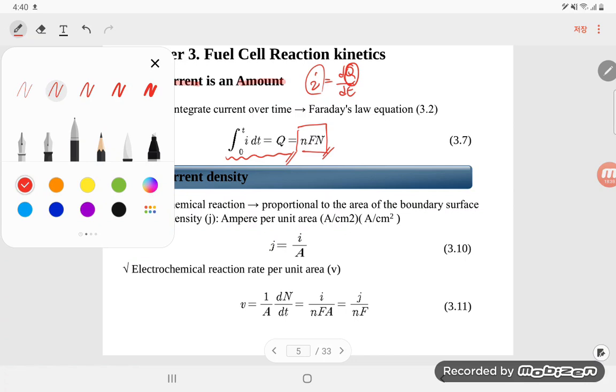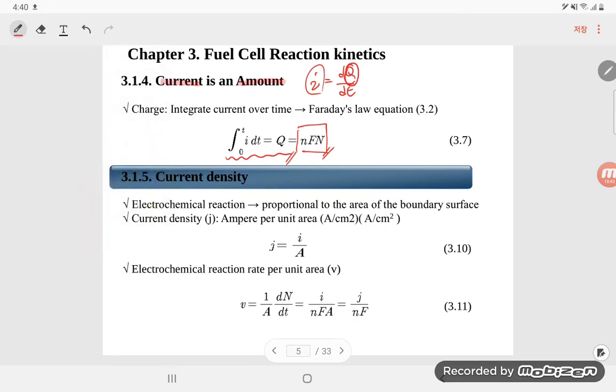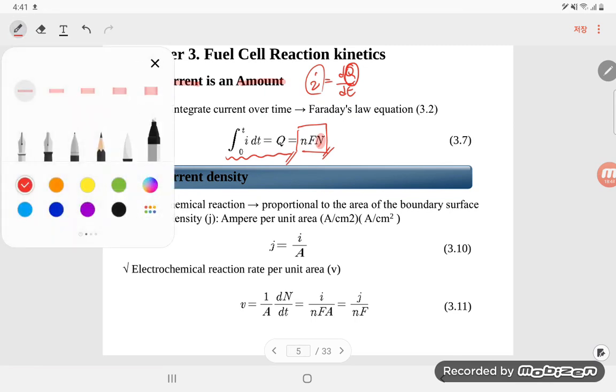If you want the chemical species in the electrochemical reactions, the amount of the chemical species is this N, and we want to calculate the charge from the reaction, then this is the Q, right?